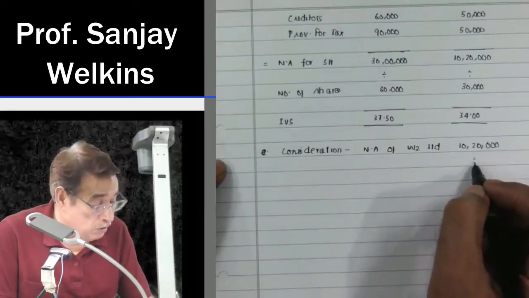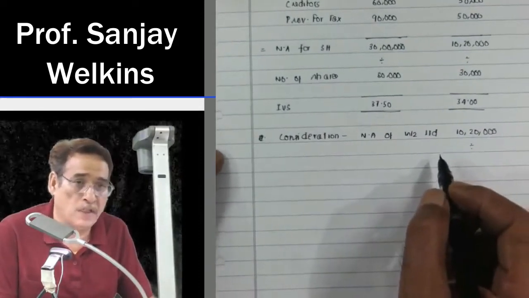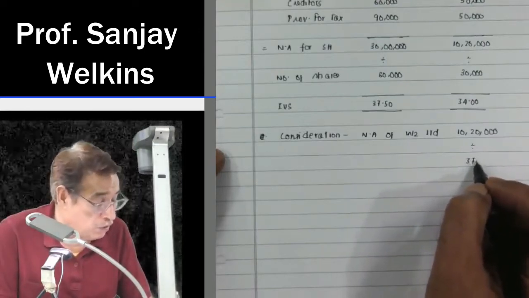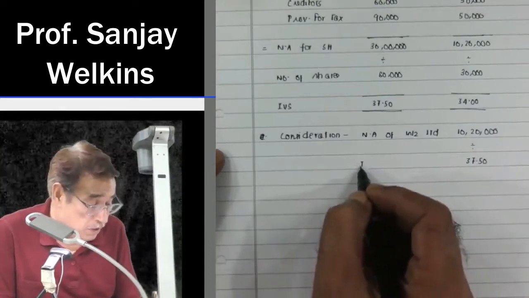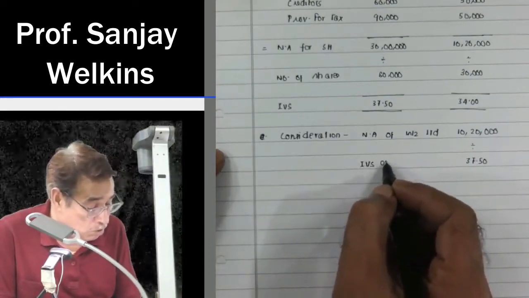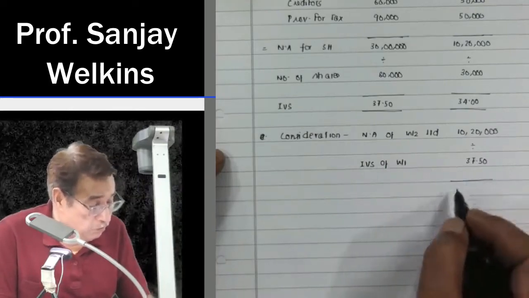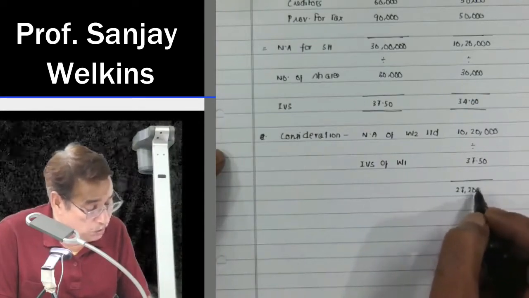Now I want to know how many shares W1 Limited will have to offer to discharge the consideration. So I will have to divide it by 37.50, that is intrinsic value of share of W1 Limited. Whatever figure we get must be equal to 27,200.